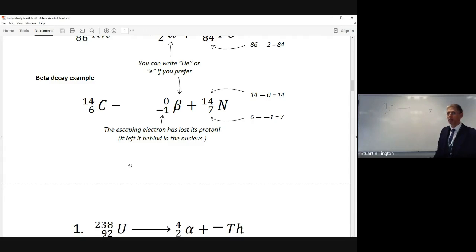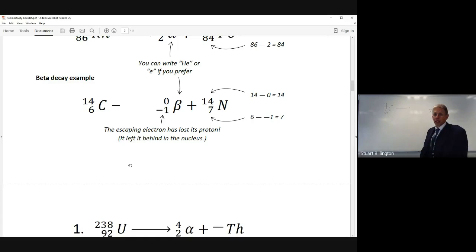So we gain a proton. But if you've got 6 protons, you get to be called carbon. If you've got 7 protons, you're not carbon anymore. You're something new. If you did have a periodic table and you looked it up, the element that is the proud owner of 7 protons isn't carbon. It's nitrogen.